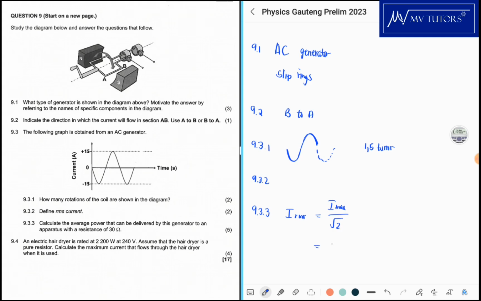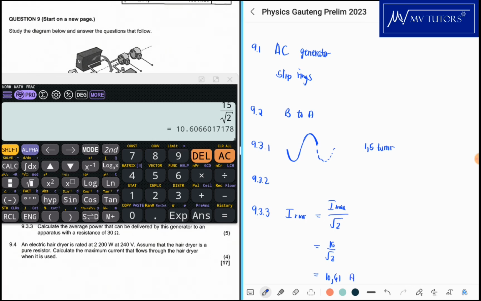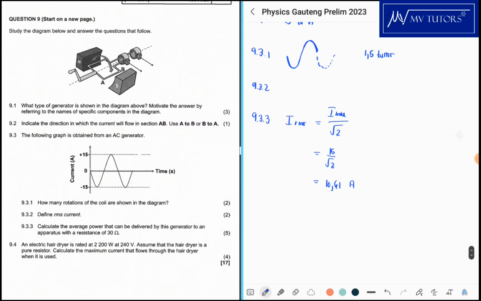Our maximum current, we've seen it, it's 15, divided by root 2. So our IRMS will be 15 over root 2, so we get 10,61 amperes. We're going to hold on to that answer because we're looking for the average power.